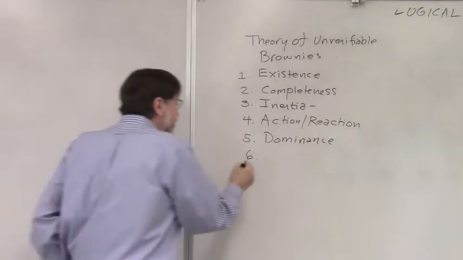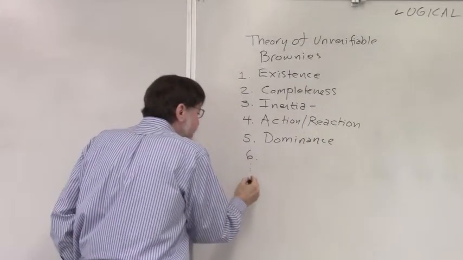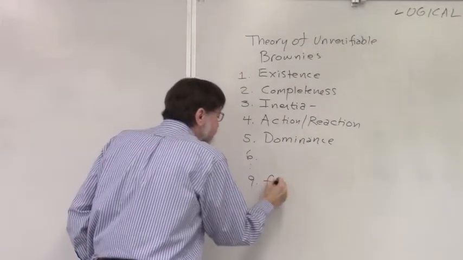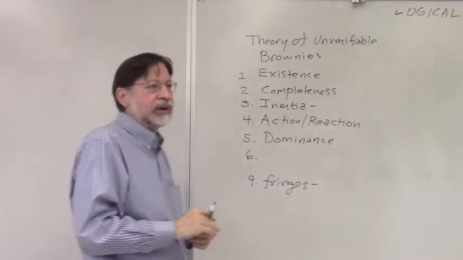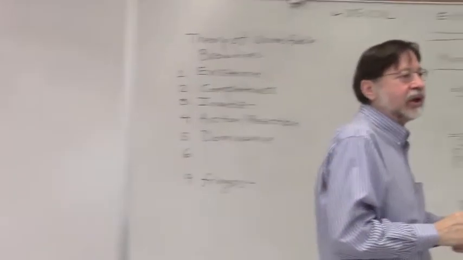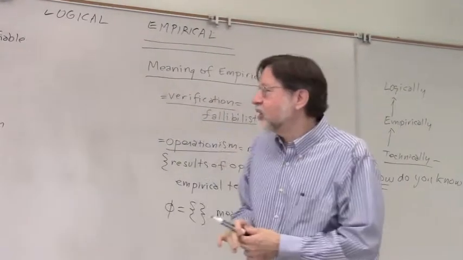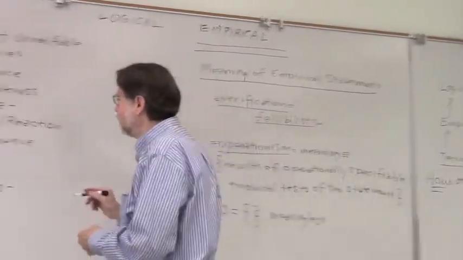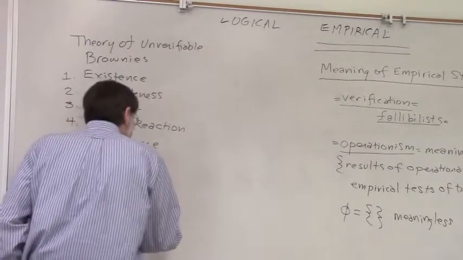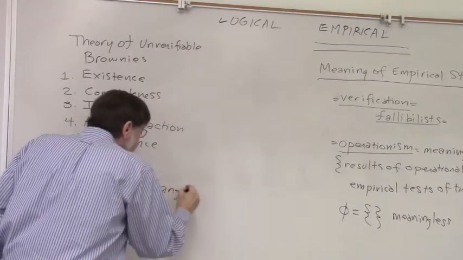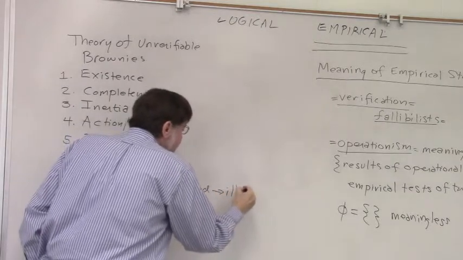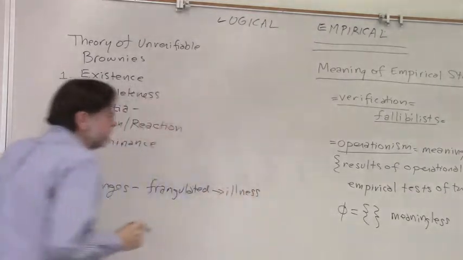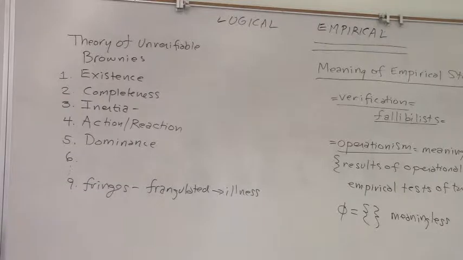There's a couple of others I'm going to skip here, but number 9 is the principle of fringes. And this one's important to us when we get to clinical psychology, because the principle of fringes says brownies have fringes, and the fringes can become frangulated, which produces illness, both medical illnesses and physical and psychological disorders.